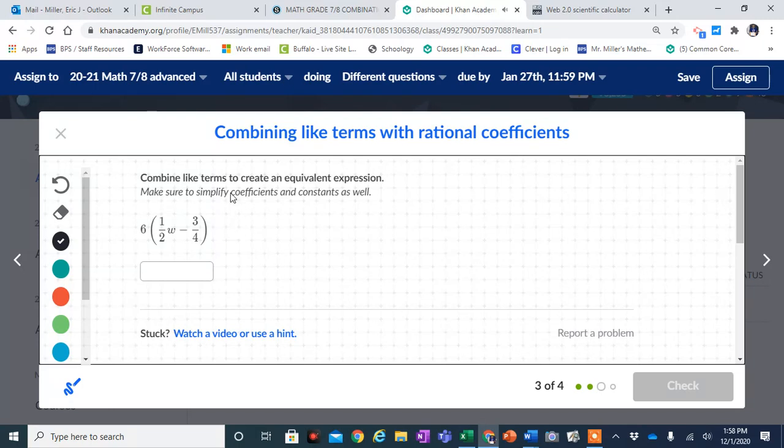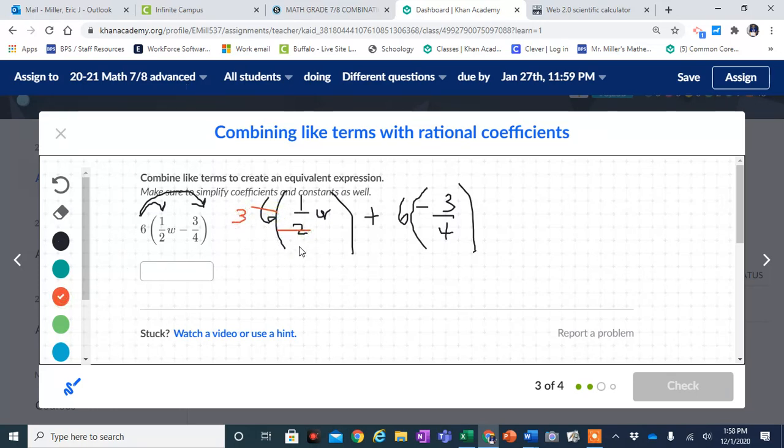All right, for this one it's a little bit harder. So you have to first distribute. This is going to be 6 times 1/2 with w, and then positive 6 times negative 3/4. So 2 can go into 6 3 times, that becomes a 1. So 3 times 1 is 3w.